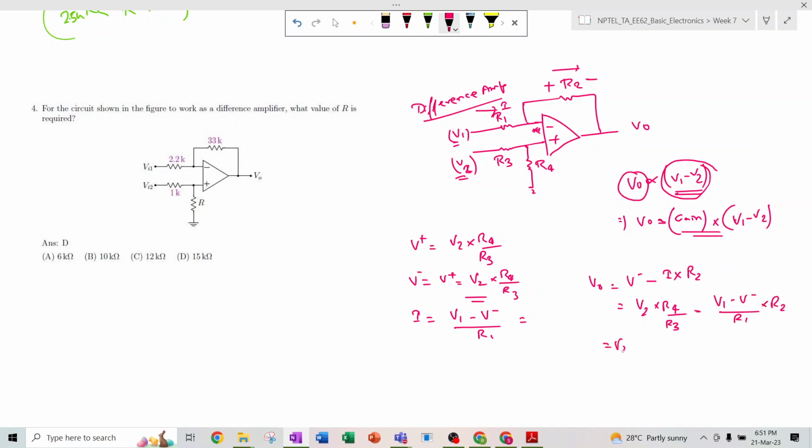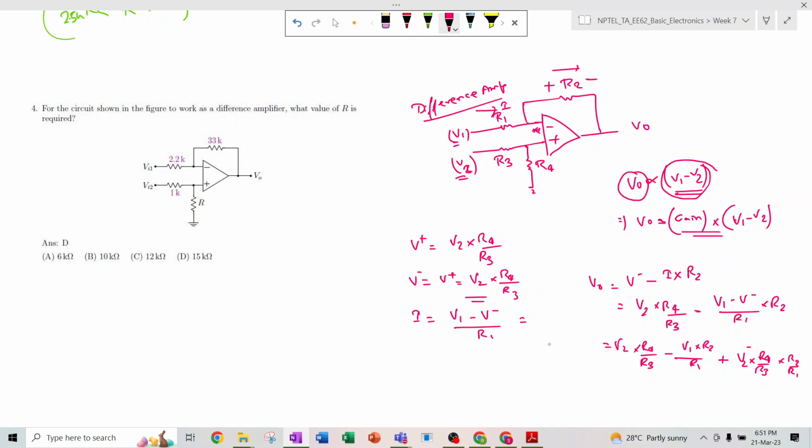So V2 into R4 by R3, minus V1 into R2 by R1, plus V minus, which is V2 into R4 by R3 into R2 by R1.